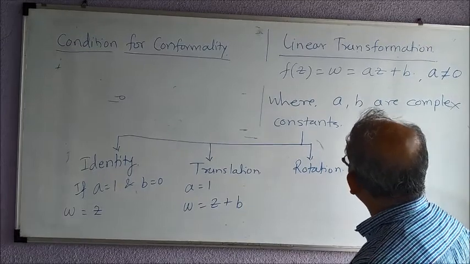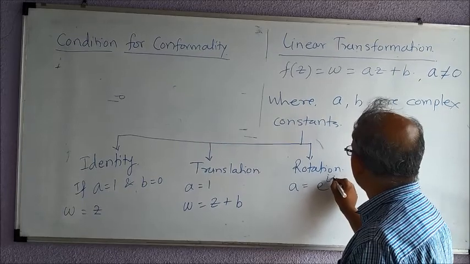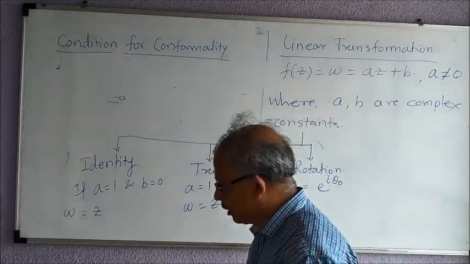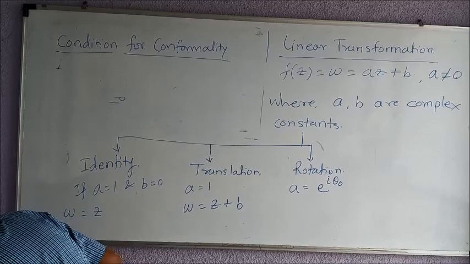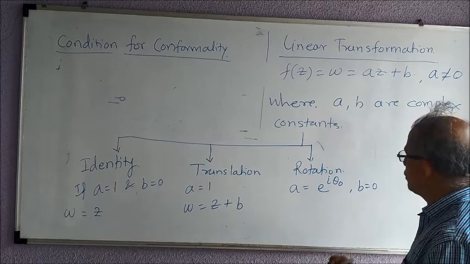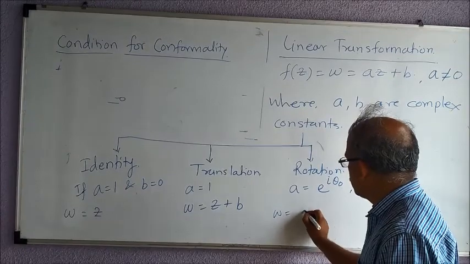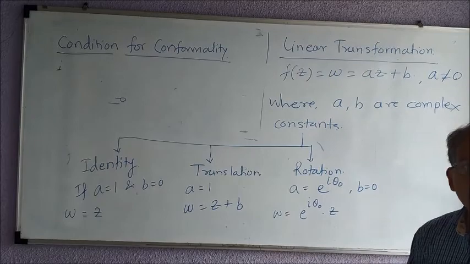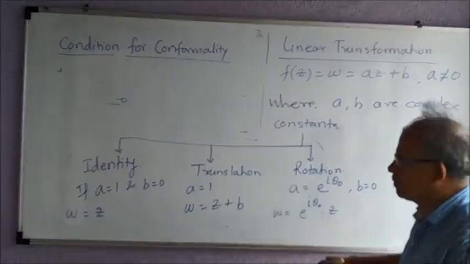So we will put a to be equal to e to the power i theta naught, and let us take b to be 0. Then our w will be e to the power i theta naught times z. So we will get the effect of rotation by using this transformation.